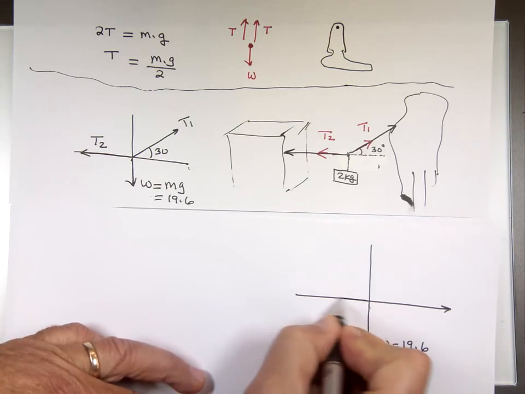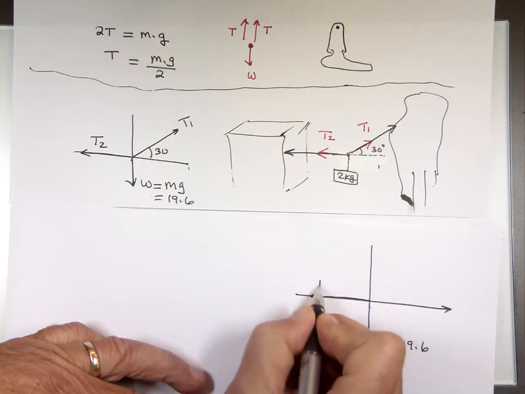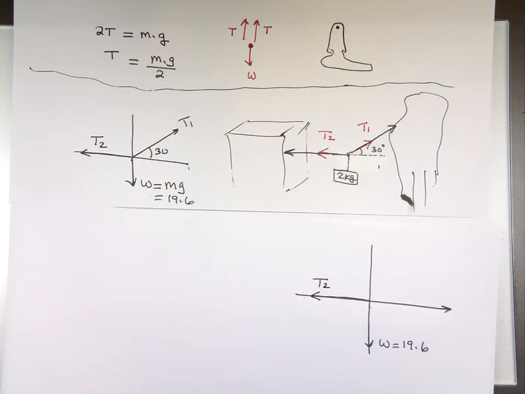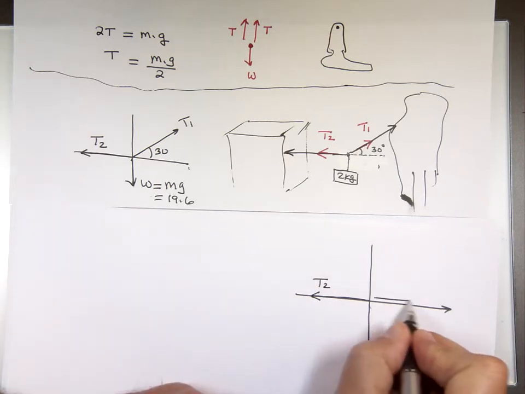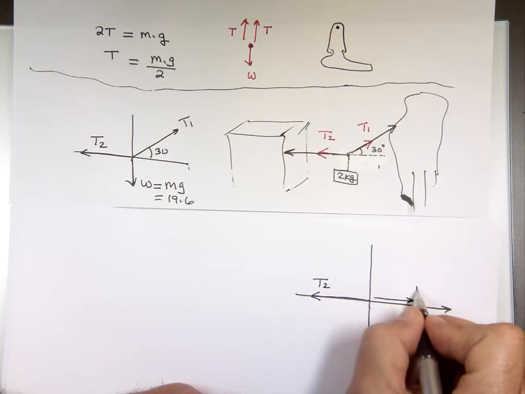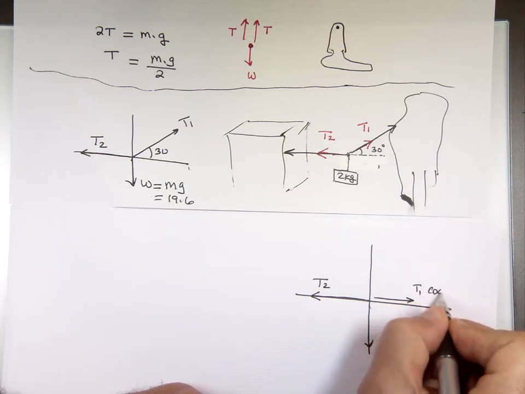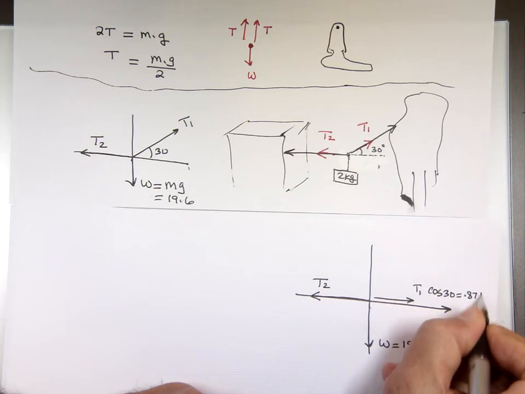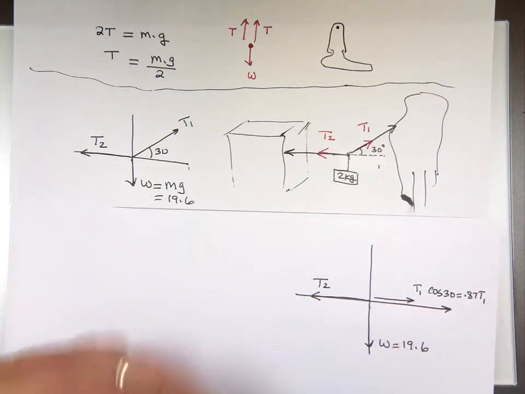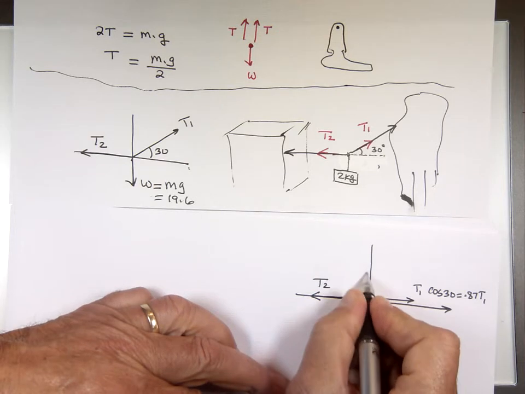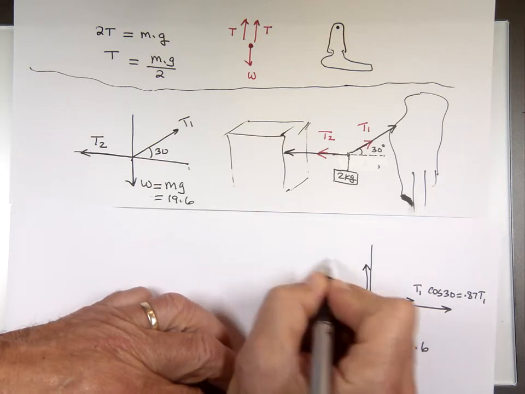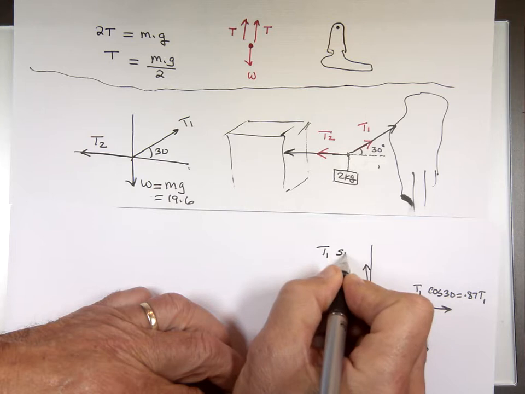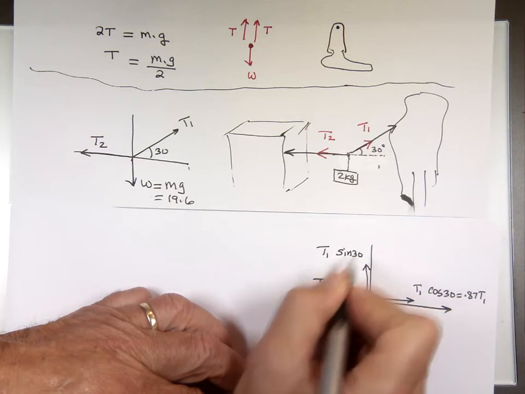This is T2. Now I have a component in this direction, T1 cosine 30, which is 0.87 T1, and T1 sine 30, which is 0.5 T1.